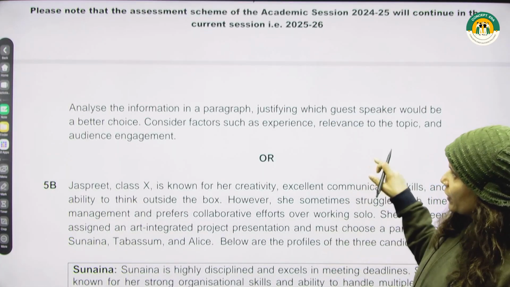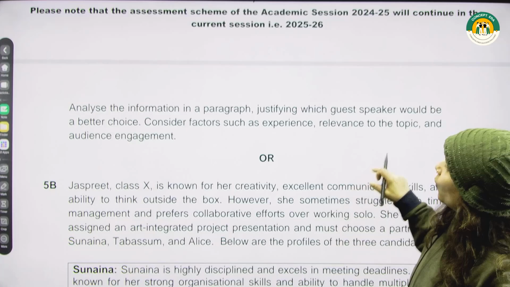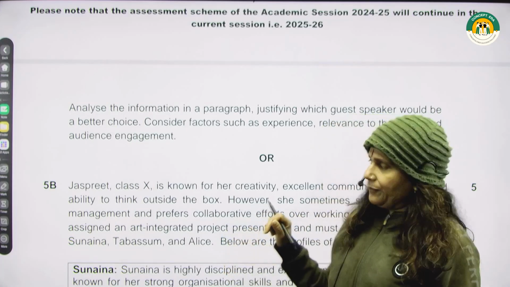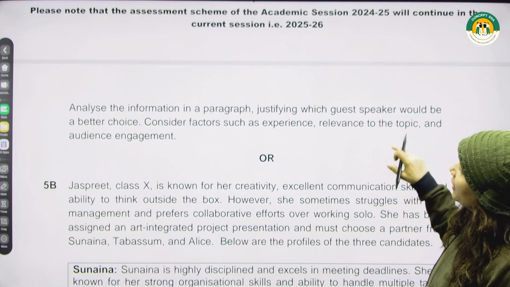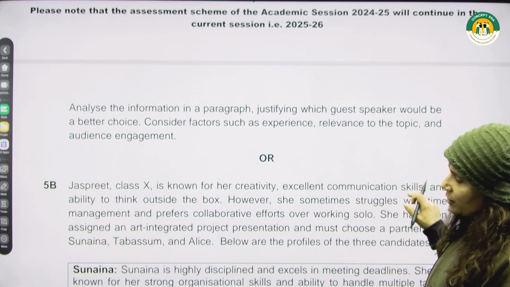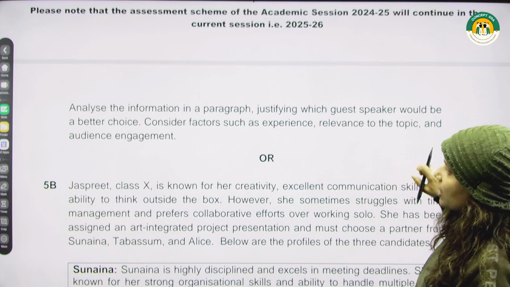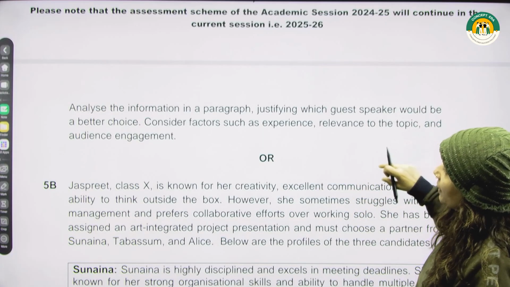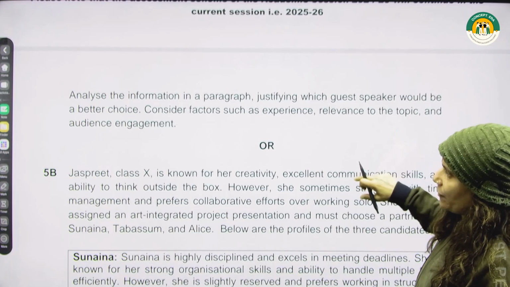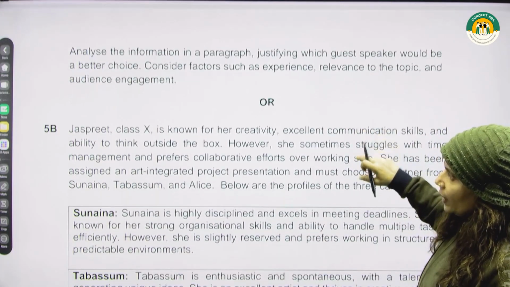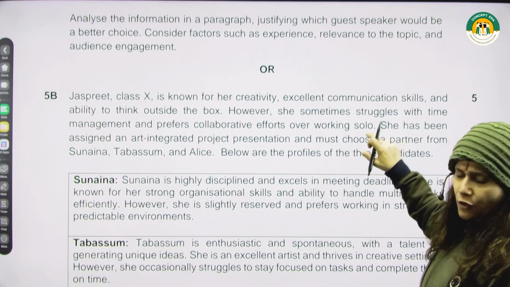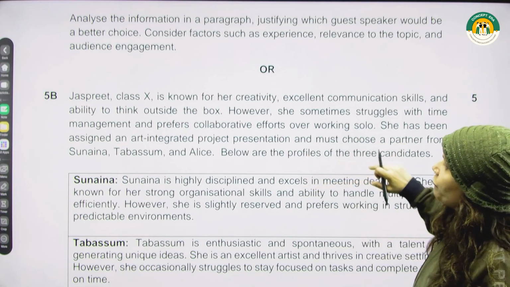Question number 5A and 5B, these are actually analytical paragraphs. The child needs to read the data, the information which is given in the particular question, and after that he is supposed to write an analytical paragraph. So any of the questions the child can attempt, either from 5A or 5B.